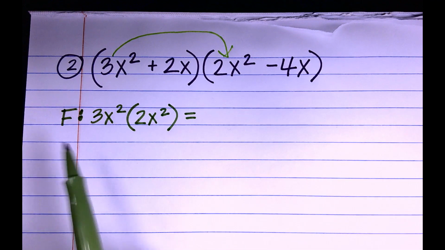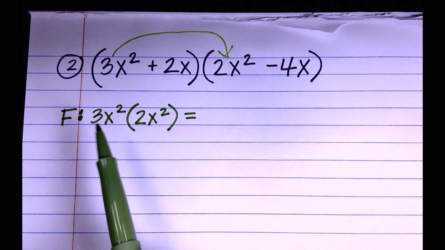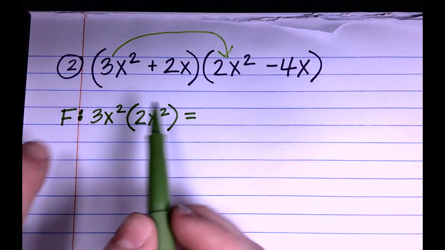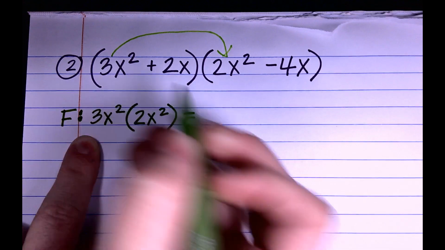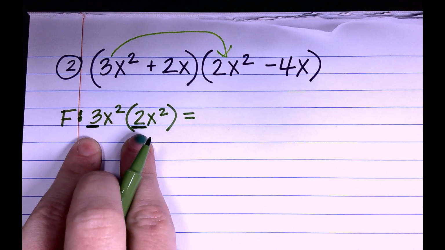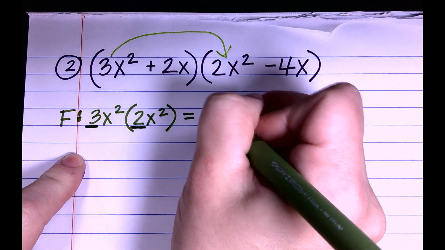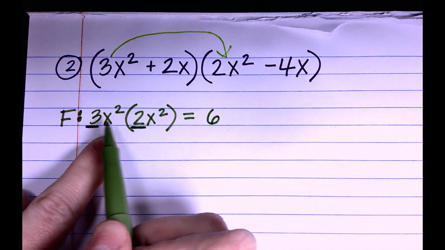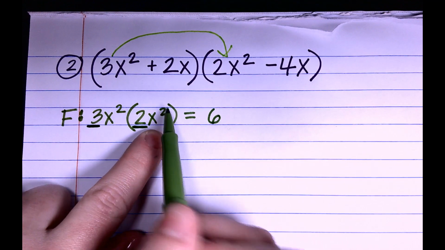So when we're on this first step, and any time that we're multiplying terms, especially with variables and exponents, we always want to start by looking at the number, the coefficient. So I've got 3 times 2. So what is 3 times 2? 6. Good.